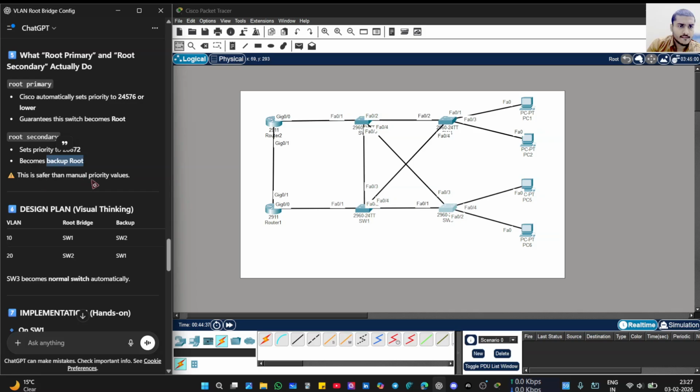Then manual priority. It is safer, why is it safer? I really don't know what that means, but what we can say is that whatever we do manually in real life is safer than a manual priority value.